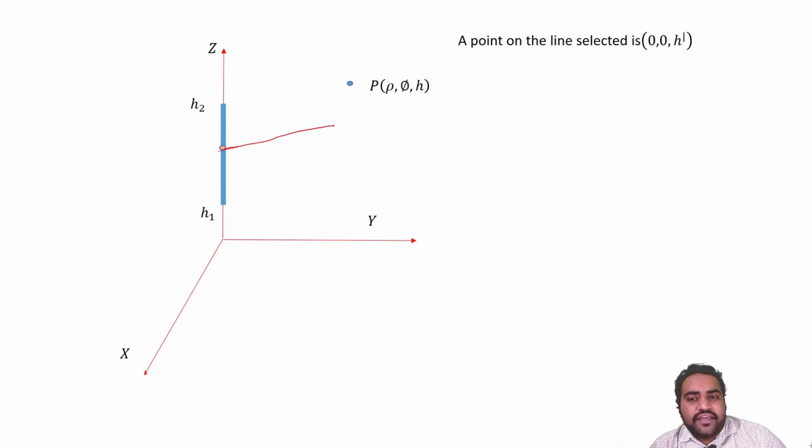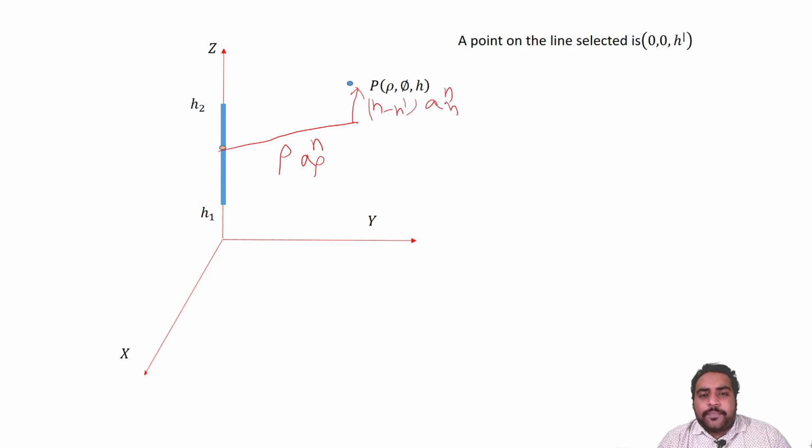Direction perpendicular to h would be rho. Now, from there, I would be moving along h to reach here. I have travelled a magnitude of rho along the direction of a rho cap, and I have travelled along h minus h prime along ah cap. So this is my vector.